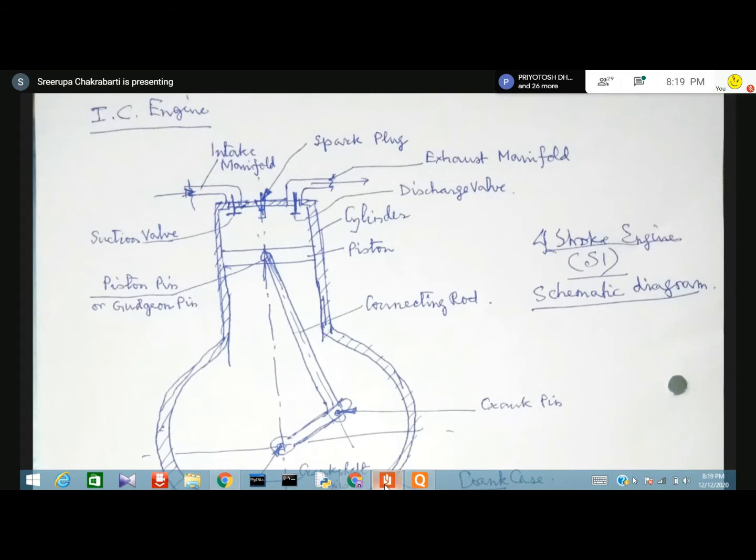This is the meaning of the electrode. But in our engine, we have to produce a spark, and for that our requirement of potential difference is 12,000 volts. And sometimes it may be 15 to 16,000 volts. So a very high voltage is required for the generation of the spark.